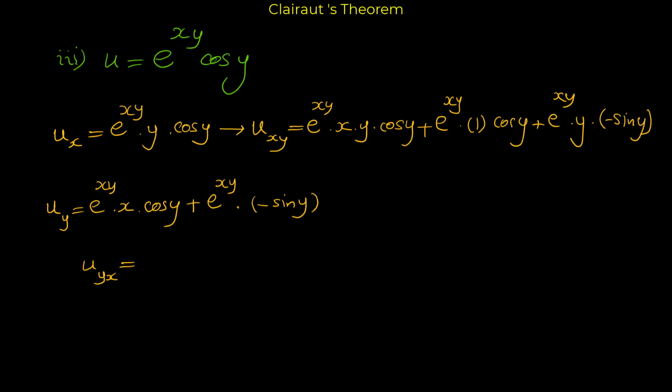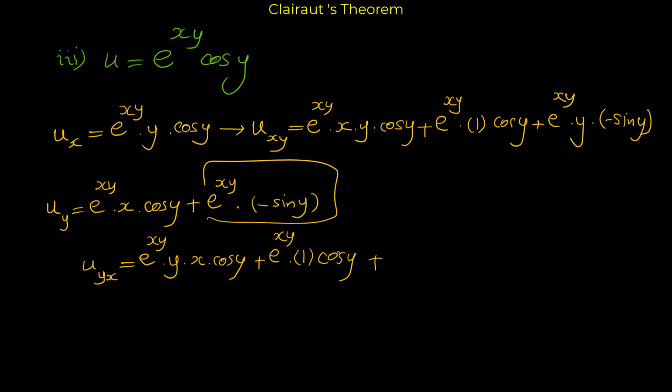The derivative of e to the xy with respect to x is e to the xy times y, and so the derivative of this is all of this times x cosine y. Now write e to the xy times the derivative of x, which is 1, times cosine y, and at the end it is time to take the derivative of this.